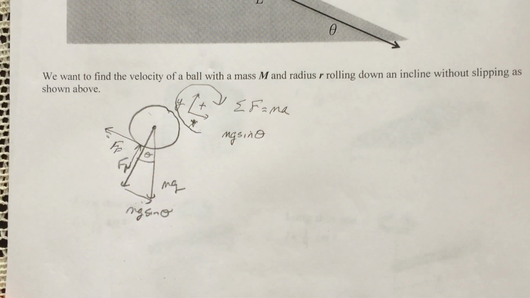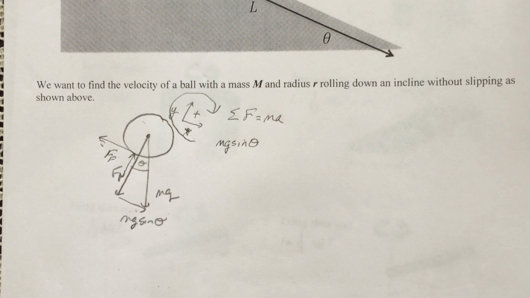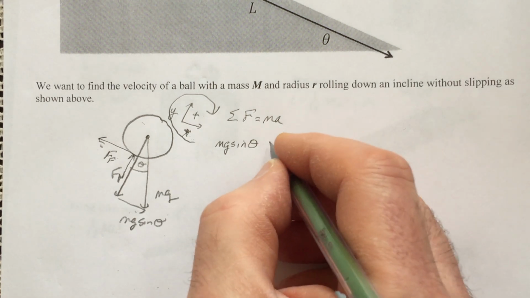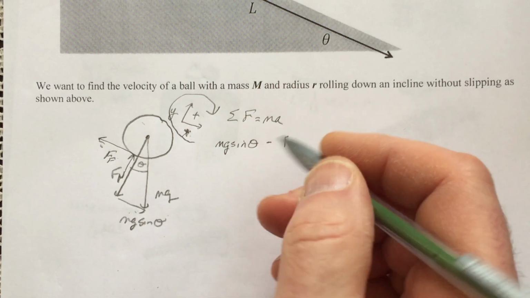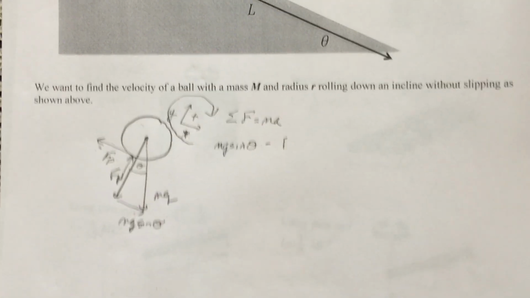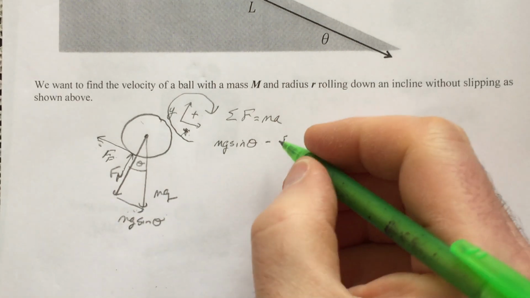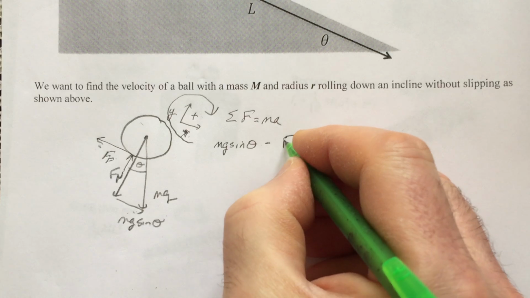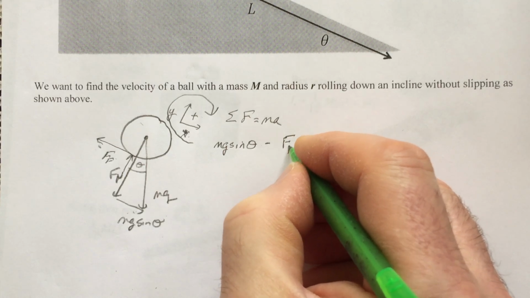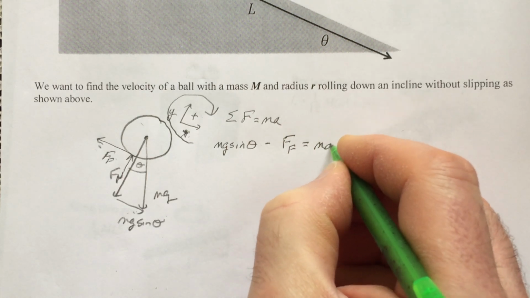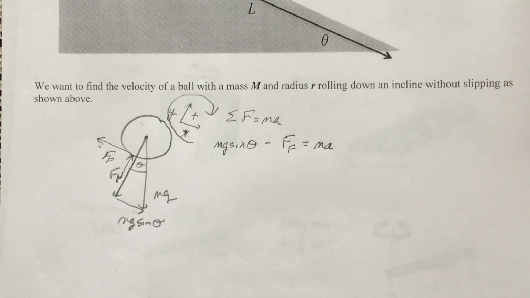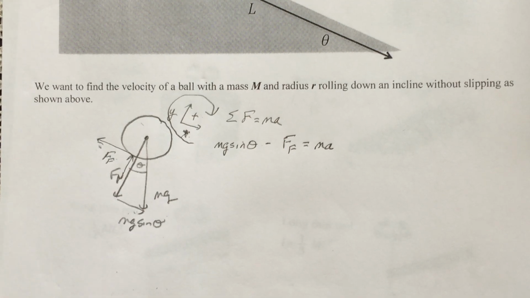It makes everything positive and makes things work out easily for us. mg sine theta minus the force of friction is equal to my mass times my acceleration. Can't really go much further than that.